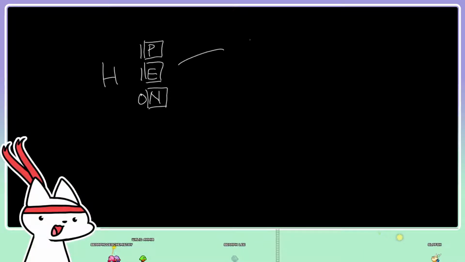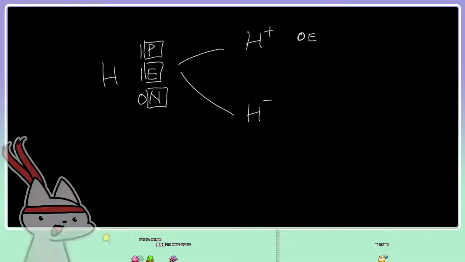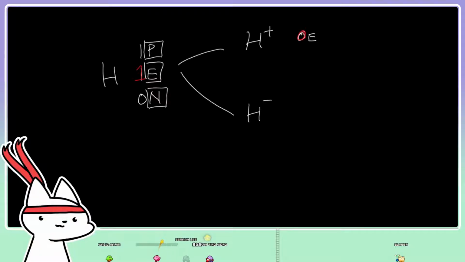So when it becomes H plus, it loses one electron, so it automatically becomes one proton. And proton never changes, so we don't have to write that to confuse. It becomes 0 electron. And when it becomes H minus, it gains one electron. So originally here is one electron, and here becomes 0, and here becomes 2 electrons, right?